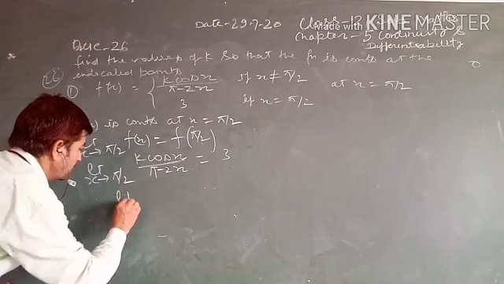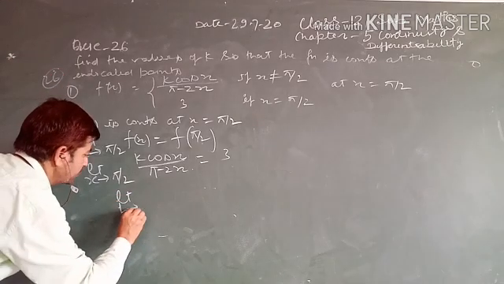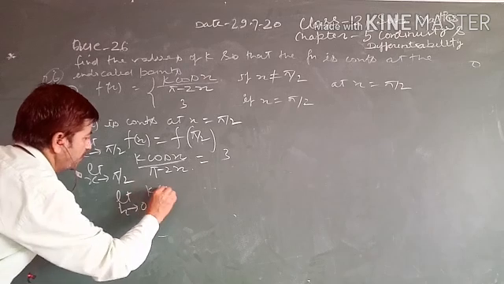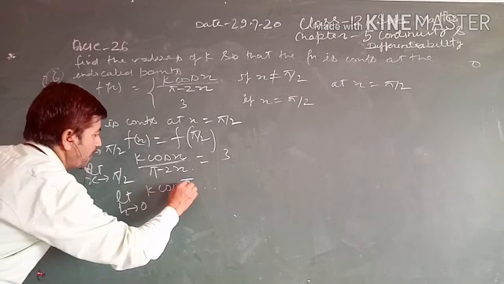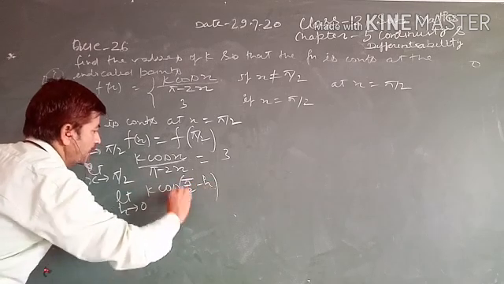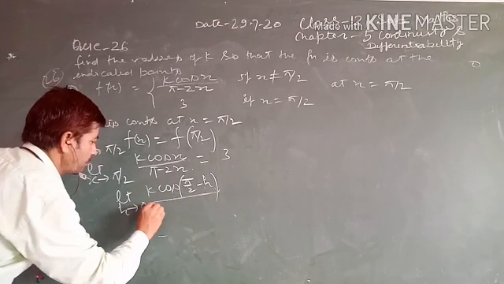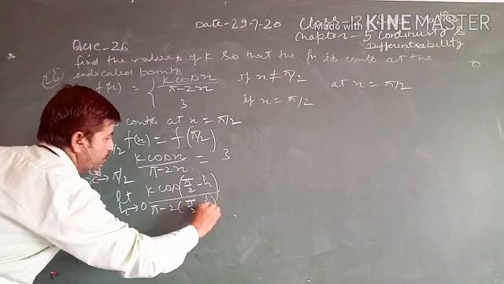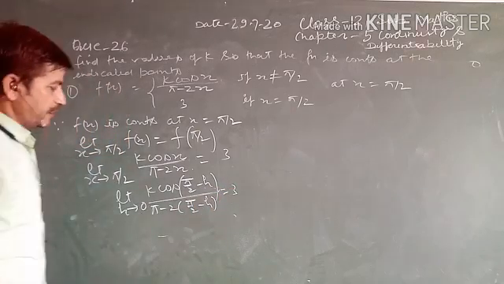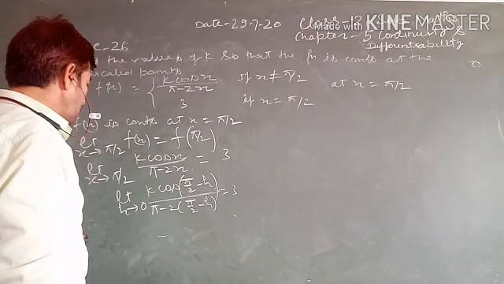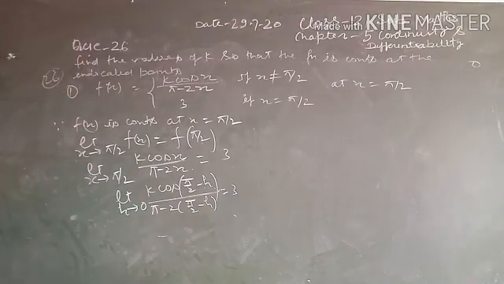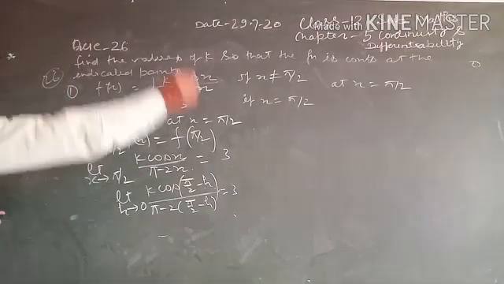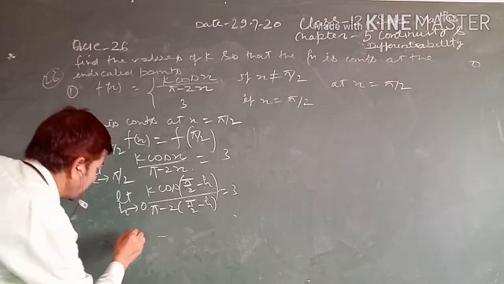It is limit h tends to 0, k cos(pi by 2 minus h) upon pi minus 2(pi by 2 minus h) equal to 3. On simplifying, cos(pi by 2 minus theta) is sin theta.